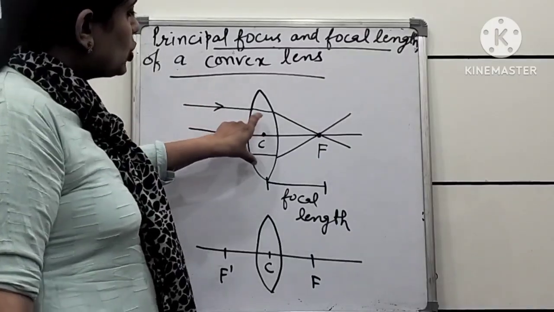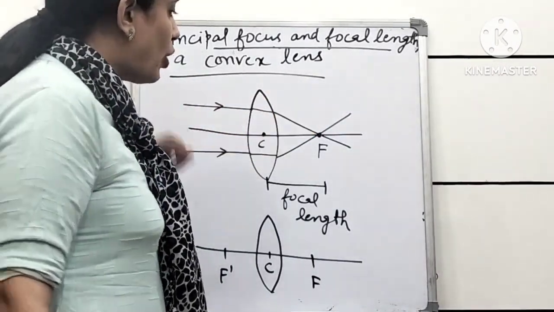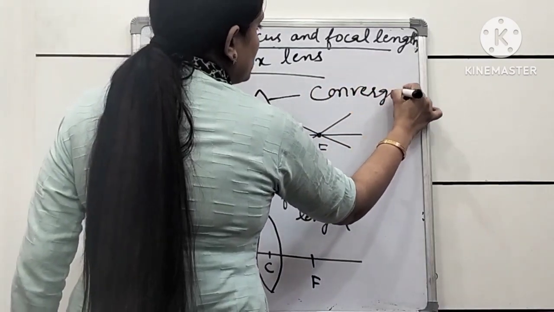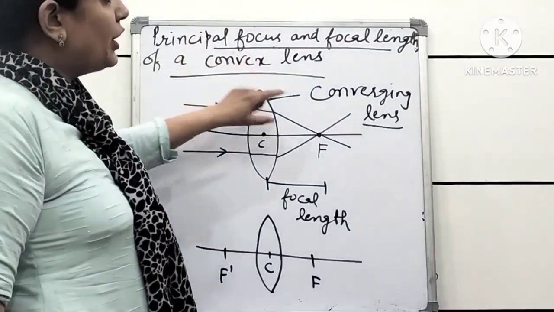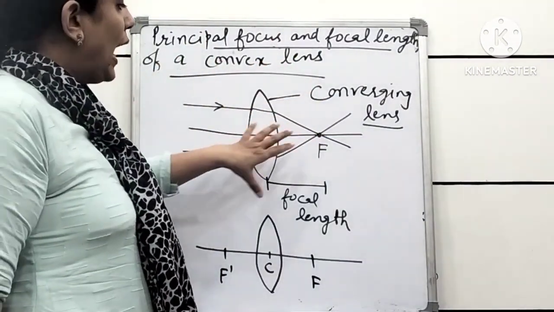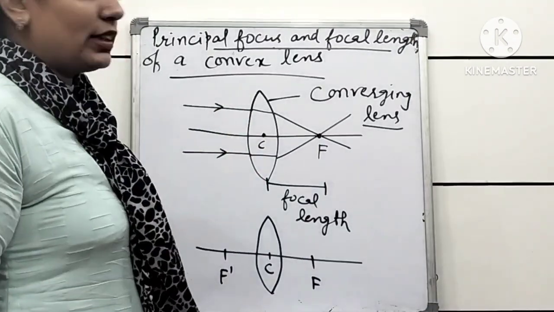We see that in a convex lens, the light rays actually converge at a point. That's why the convex lens is also known as the converging lens. In the case of mirrors, we studied that the concave mirror is the converging mirror, and in the case of lenses, the convex lens is the converging lens.